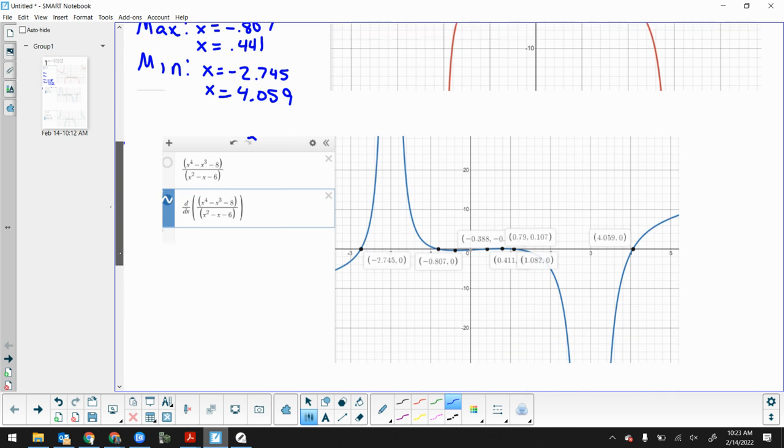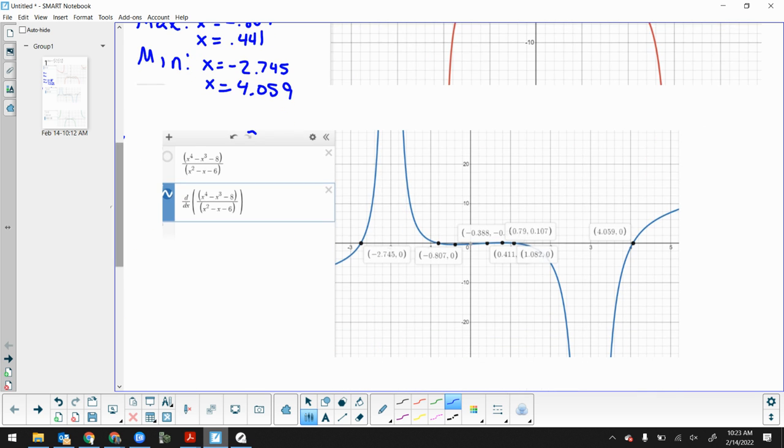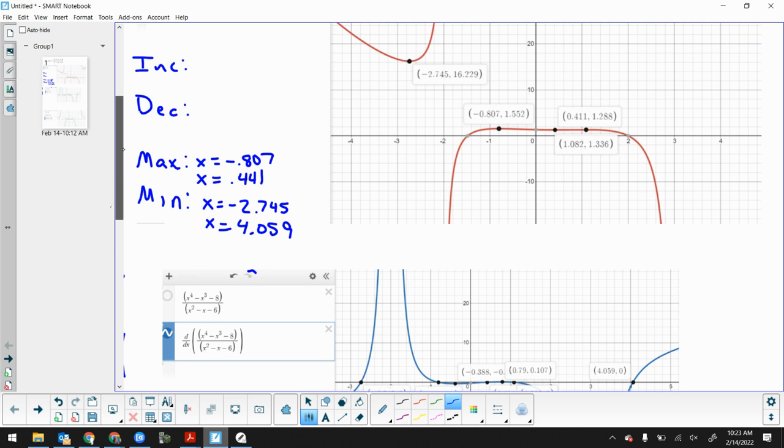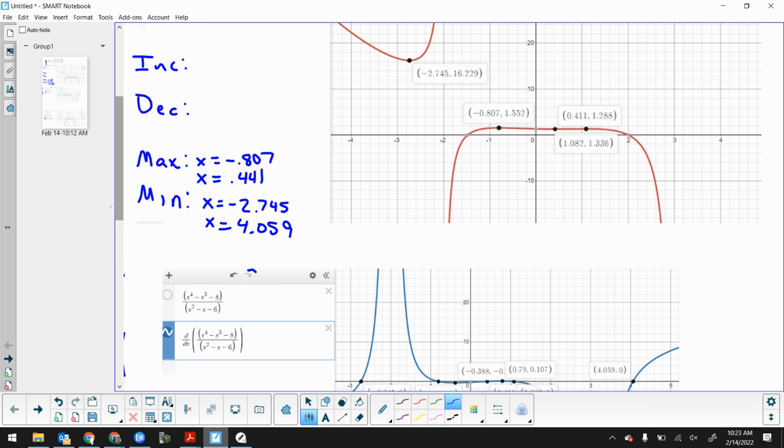Ooh, shoot, is that a minimum? 0.411. Okay, we're right here. We're going from below the x-axis to above the x-axis. Is that a minimum? I might have to go back to my graph and zoom back in. I think that's a minimum value because it goes maximum. Yeah, that's got to be a minimum value. I'm sorry, I put that in the wrong spot. X equals 0.411.